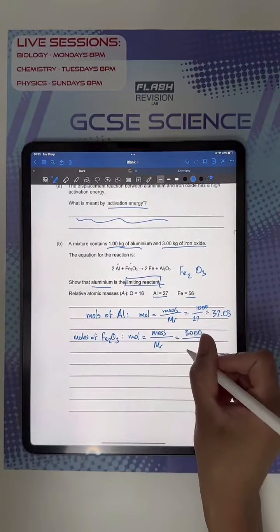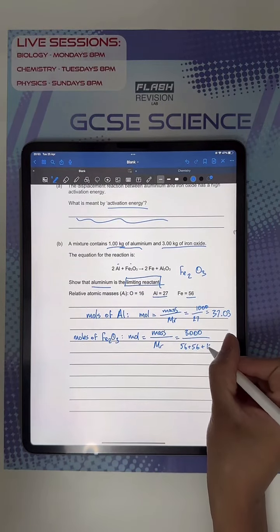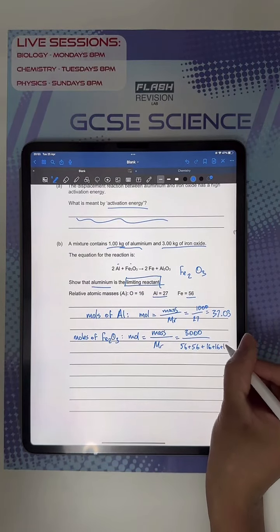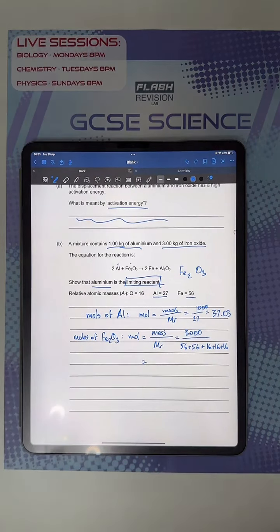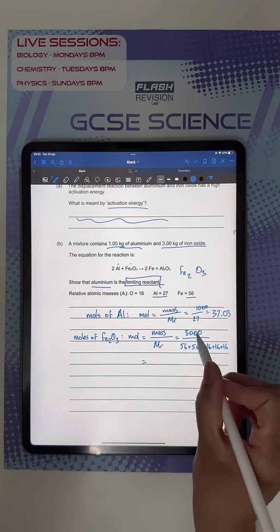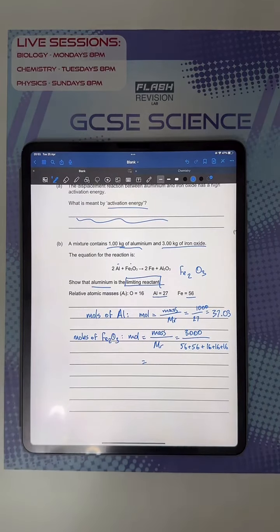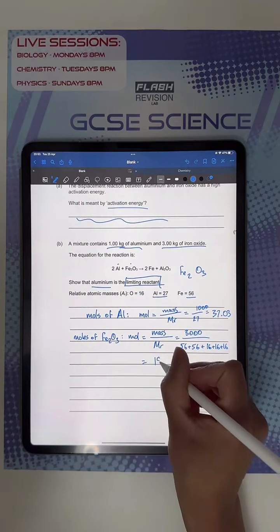You want to do 56 plus 56 plus 16 plus 16 plus 16. So if you do 3,000 divided by that, what does that give, guys? Yeah, so 160 is for the bottom part. What if you do 3,000 divided by 160? 18.75. Thank you, guys. 18.75.